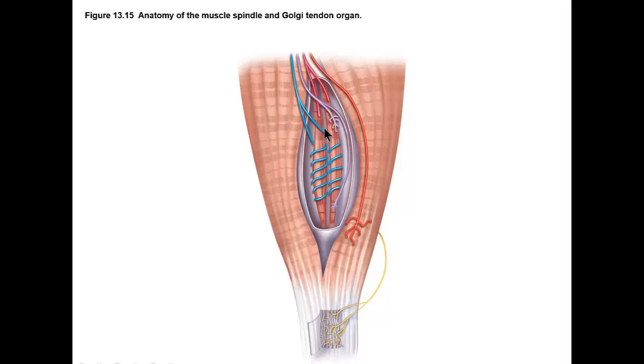These are the special fibers inside the muscle spindle that when they are longer than normal, that's going to fire an action potential in this special sensory neuron here that wraps around the middle of these intrafusal fibers. So the middle section of these intrafusal fibers do not contract. They are wrapped with this sensory neuron.